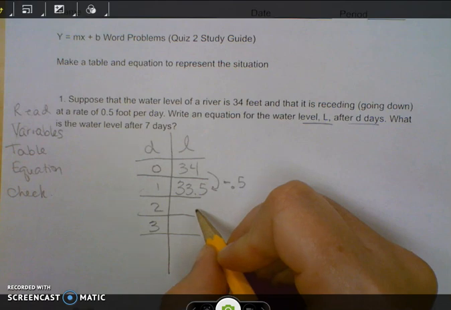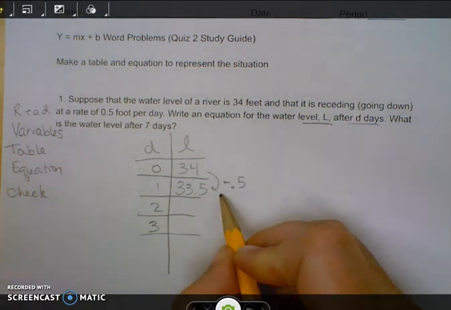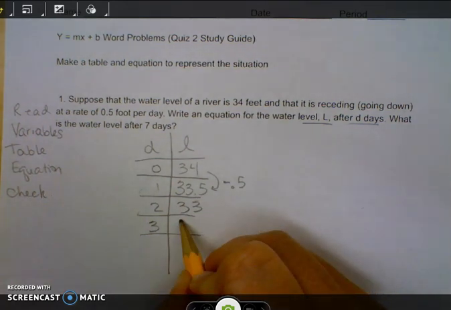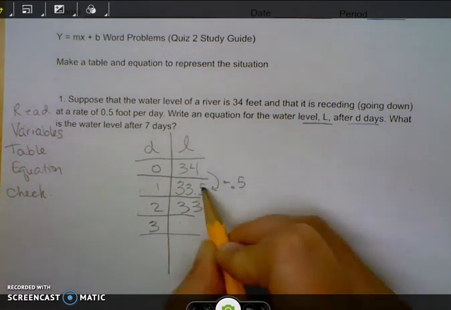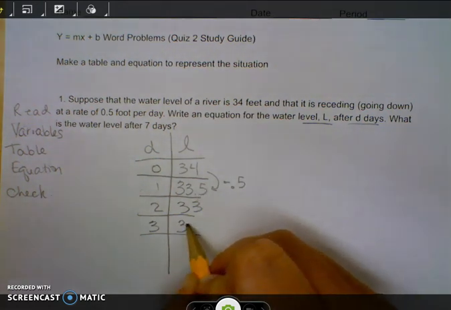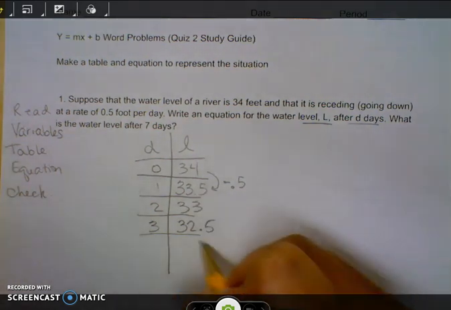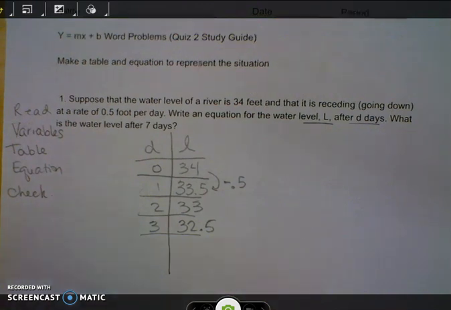If it recedes for another day or 2 whole days, it's going to be at 33, and then at 32.5. So each time, every day, it's going down by 0.5. So I've definitely got a little bit of a pattern going on here.